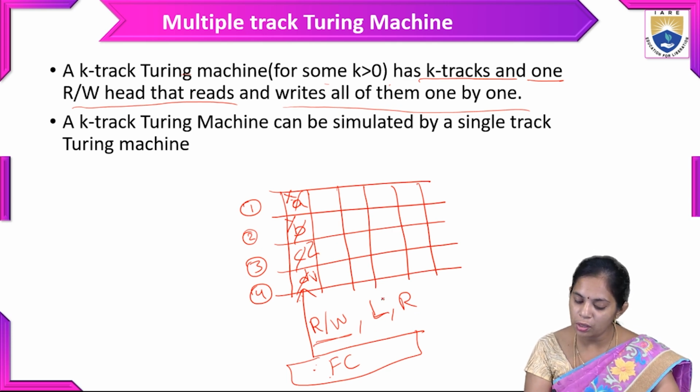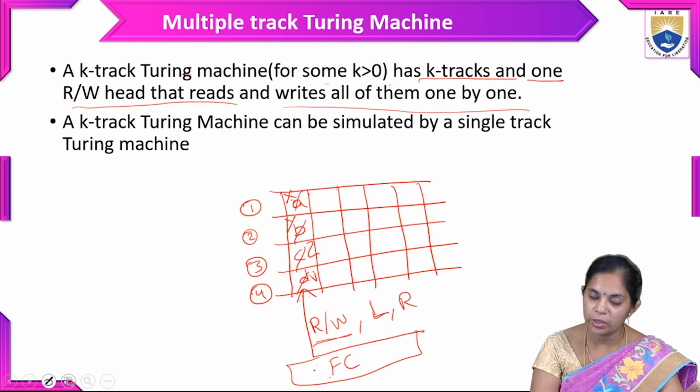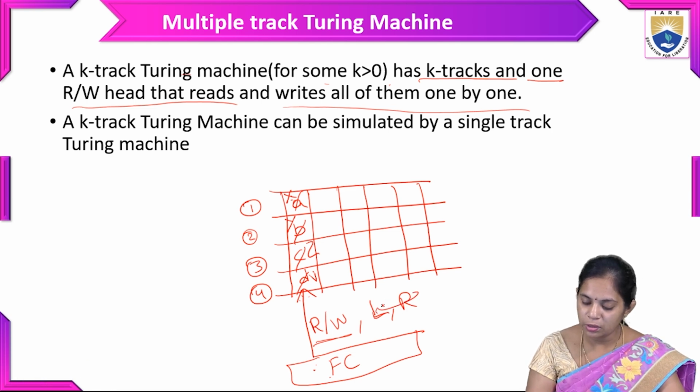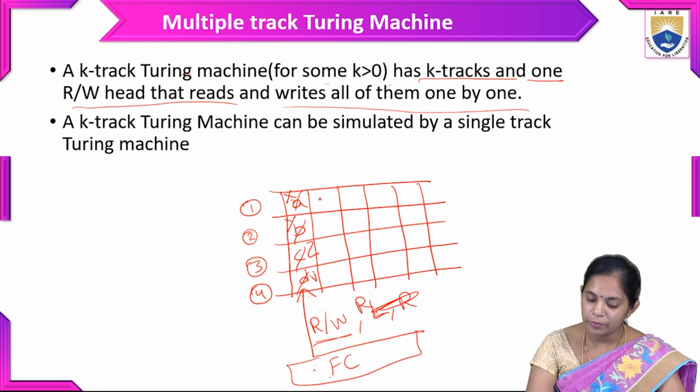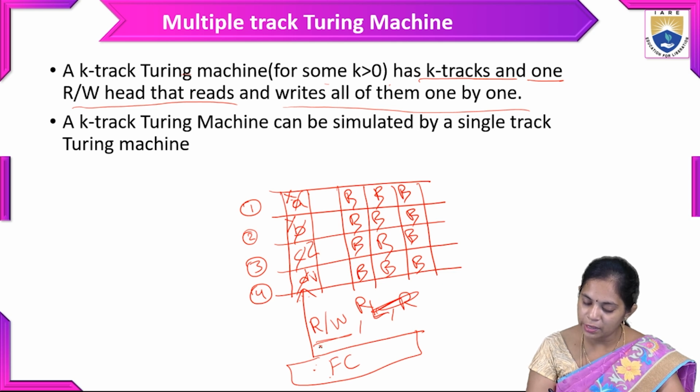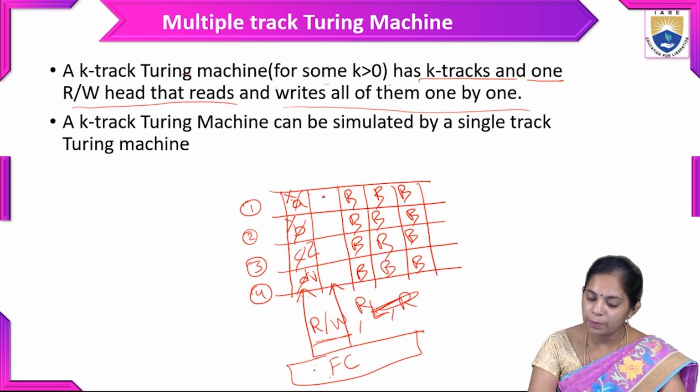Suppose it is moving to the left-hand side, it has to move here, and if for this operation it has to move to the right-hand side, the remaining are all blank symbols, empty cells. If we are moving in the right direction, we need to move this head in this direction, and we will replace these values based on the transition.